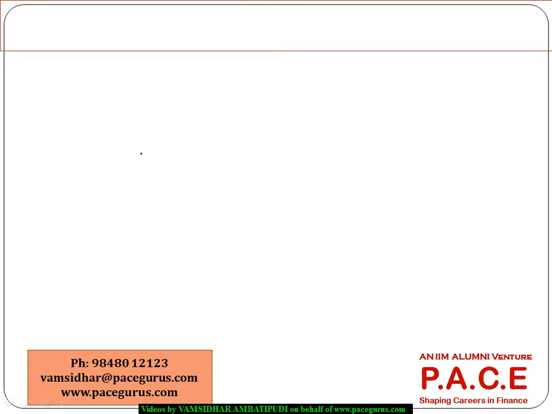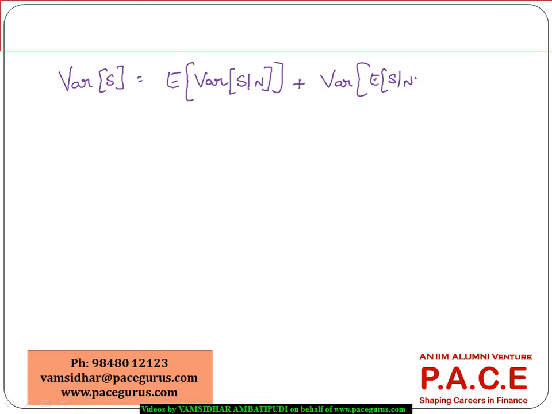Now similarly, if I am interested in computing the variance of S, we know that from a compound distribution formula, we will write this as expected value of variance of S given N plus variance of expected value of S given N. Now we have already got expected value of S given N as N m1, right?